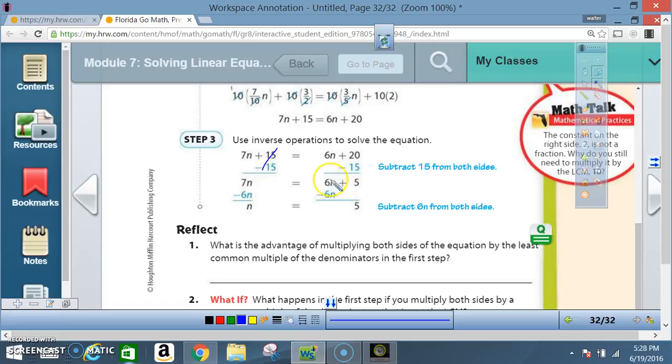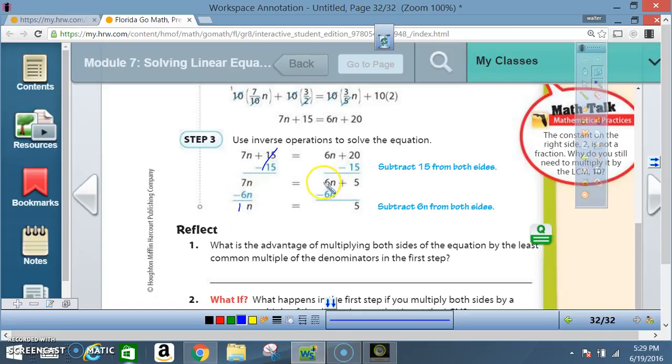The smallest n is 6n. It's a positive 6n, so I'm going to subtract 6n from both sides. 7n minus 6n is 1n. There's no need to write the 1 there because it's only one n present; it is implied.